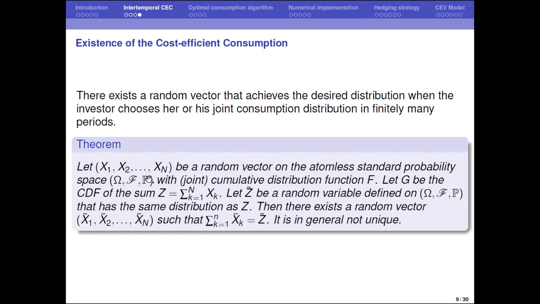So what I mean is that if I have c tilde as an input, I can find a random vector of x tildes that achieve that distribution in their sum.